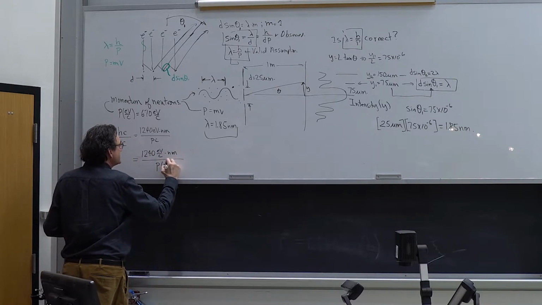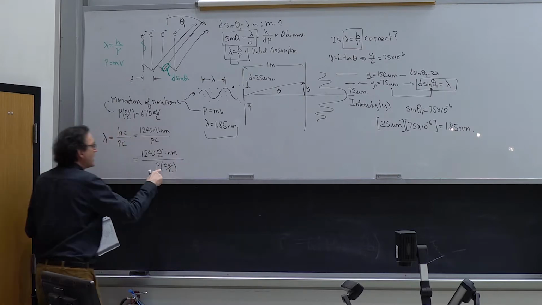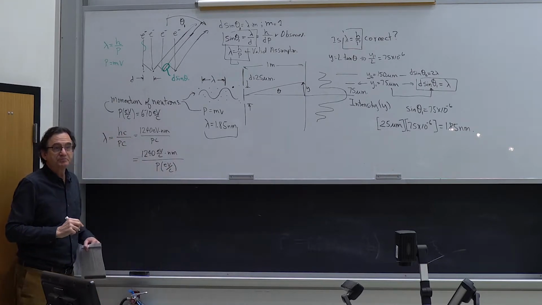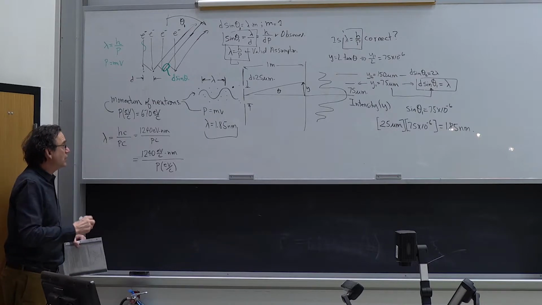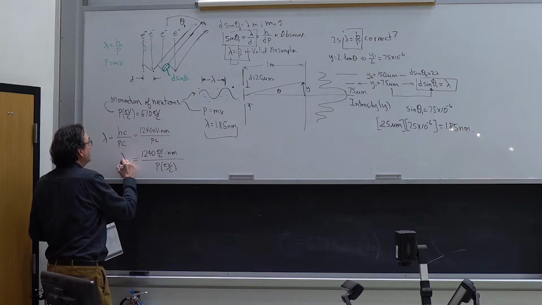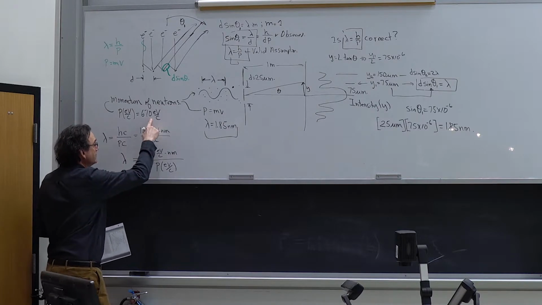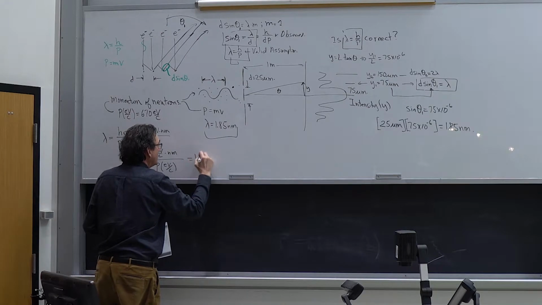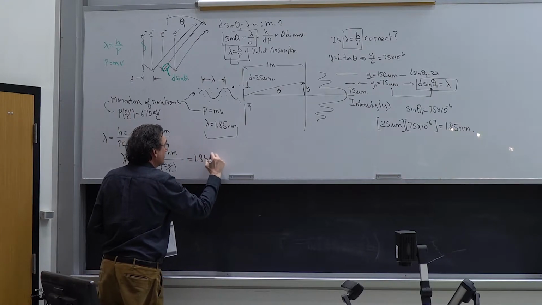So as long as p is in eV over c, I just divide it into 1240 and I get my wavelength in nanometers. So we do that, and p is 670, so 1240 divided by 670 is about 1.85 nanometers.